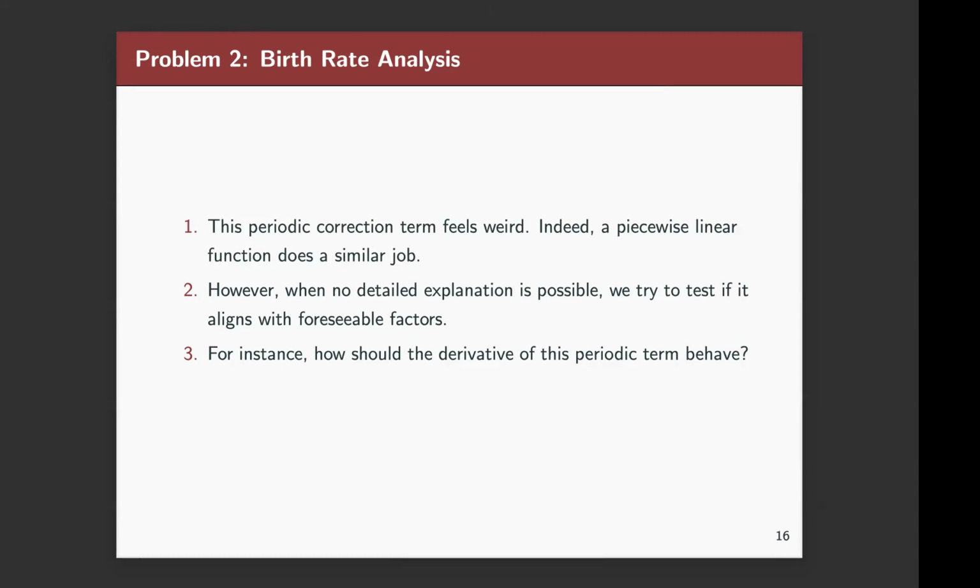How should the derivative of this correction term behave in an optimal situation? I meant to say like t at t equals 1/2. So what do you want an optimal term to have?